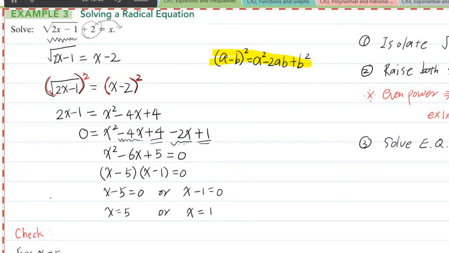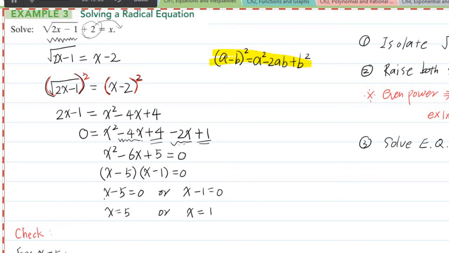Let's plug back into the original equation. That will give us the square root of 2 times 5 minus 1, and then plus 2.